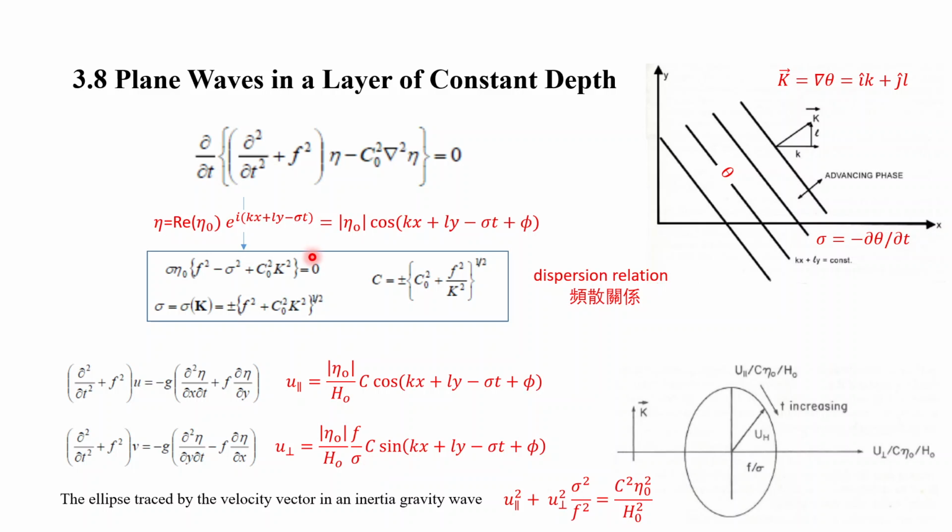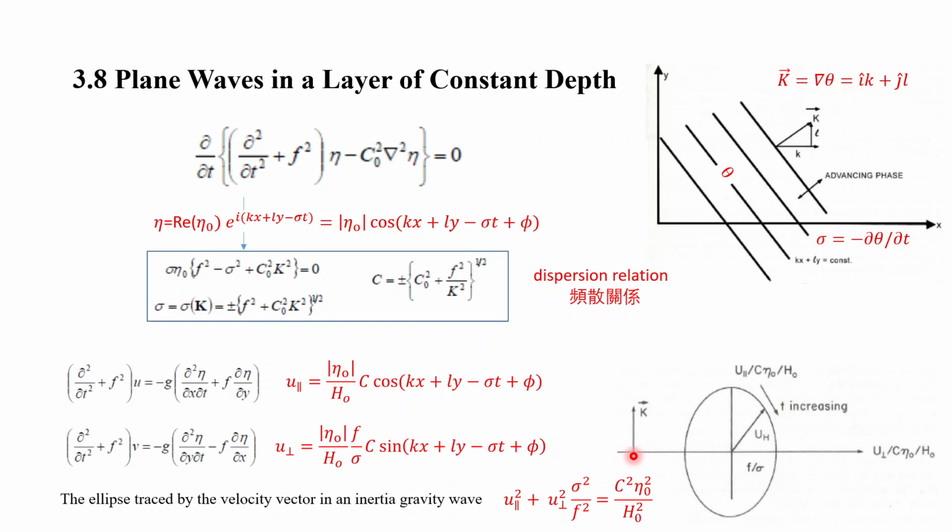From this solution you can see that u parallel squared plus u perpendicular squared times a constant equals another constant. This indicates that u parallel and u perpendicular trace an ellipse in this horizontal plane.